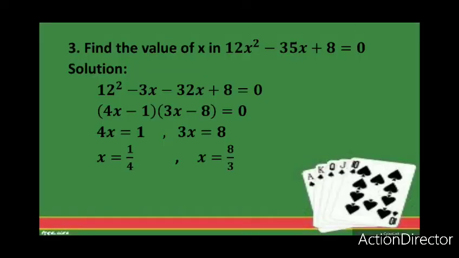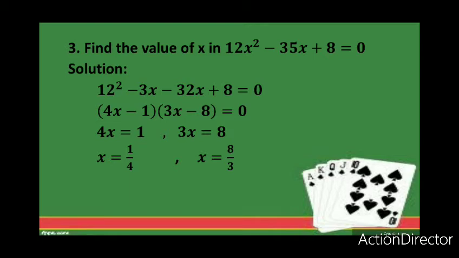Let us try a bigger value problem. Find the value of x in the equation 12x squared minus 35x plus 8 equals 0. This third equation is also factorable, and the factored form is the quantity 4x minus 1 times the quantity 3x minus 8 equals 0.